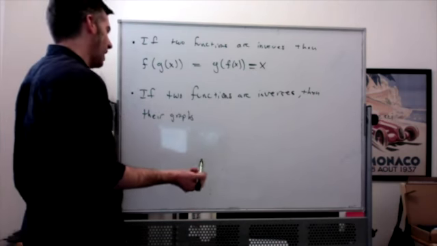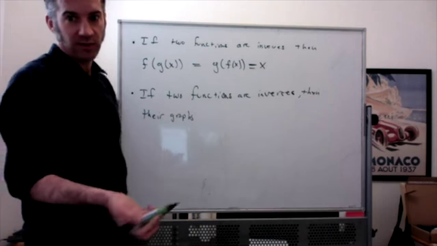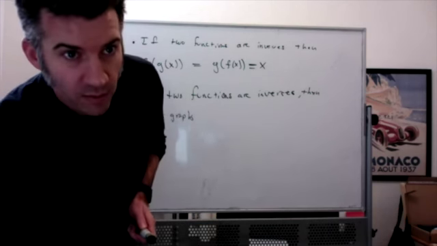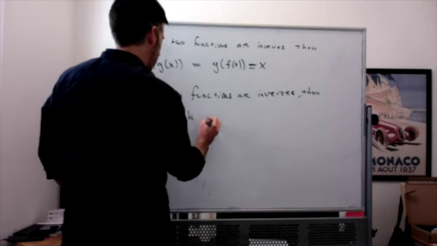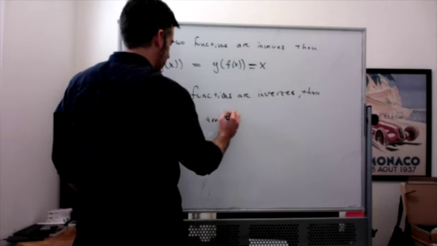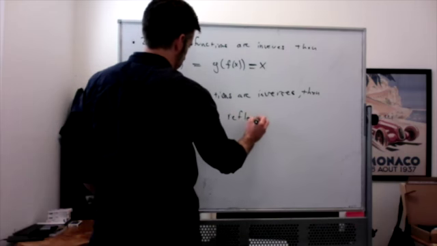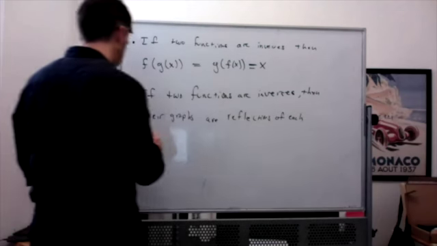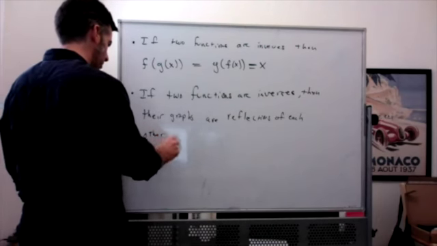Their graphs, I like to say, are mirror images about the line y equals x, but you can say their graphs are reflections of each other across the line y equals x.